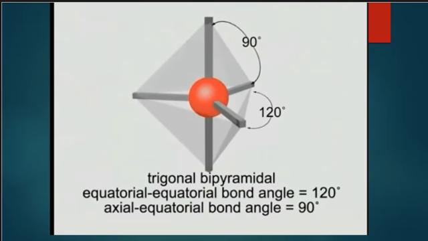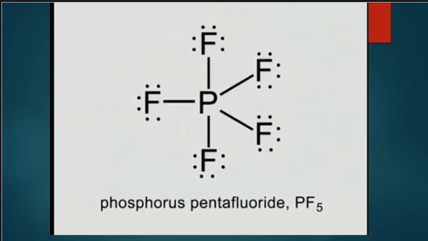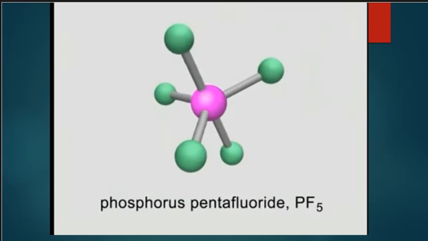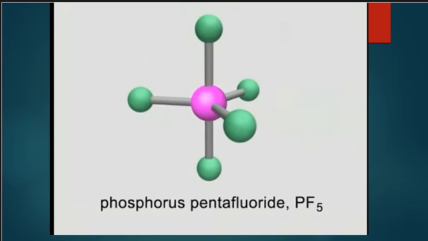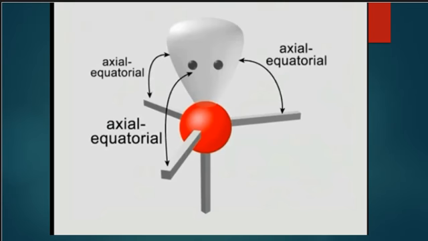Equatorial groups lie 120 degrees apart, and axial groups lie 90 degrees away from equatorial groups. When phosphorus reacts with excess fluorine, the trigonal bipyramidal molecules phosphorus pentafluoride forms. Once again, when lone pairs are present, different shapes result. But a lone pair in an axial position creates 3 strong 90-degree axes.